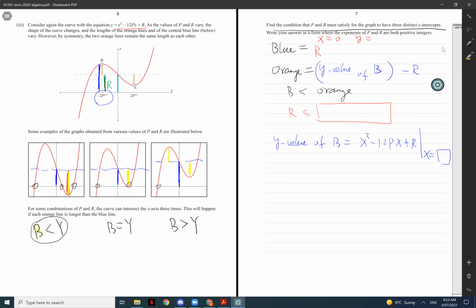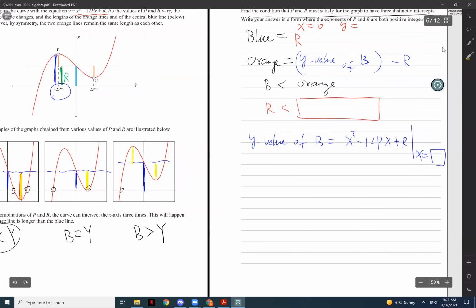That's why it's called algebra. Substitute: 2 to the power 3, 9 times 2 to the power 0.5 plus R. That's the y value. We just substitute the x value into the equation, into the formula.